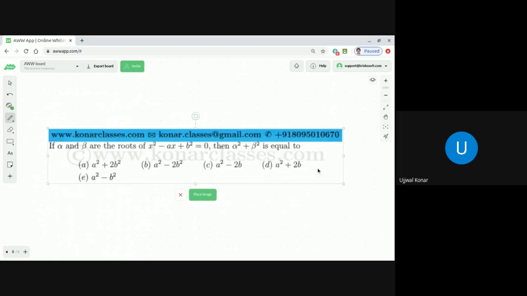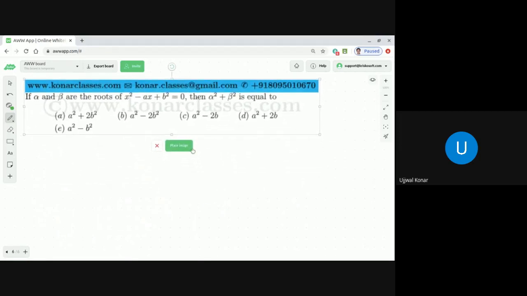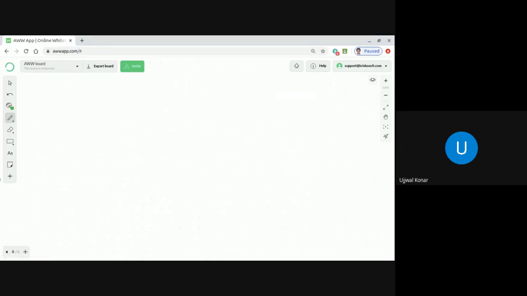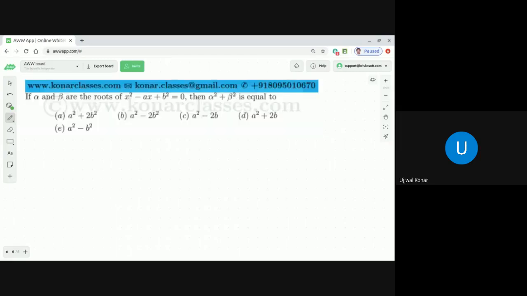Okay, the first question, what you see, dear students, is in front of you. Please solve it and do let me know your answer.